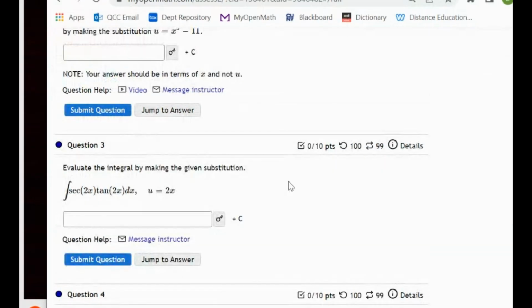So let's do one last question on substitution, secant of 2x, tangent of 2x, dx. Well, in fact, it is not difficult. It just tells you what substitution to make. So just call 2x as u.